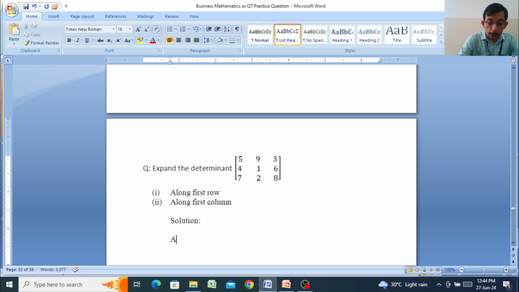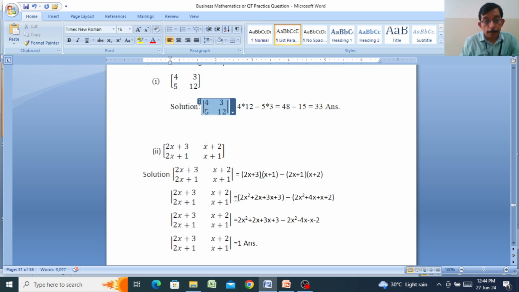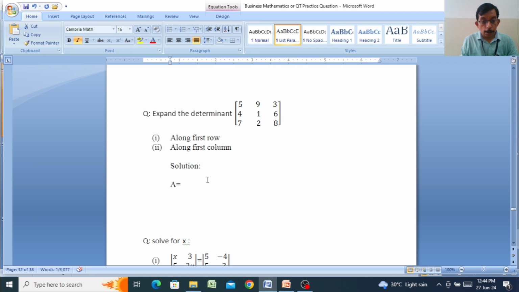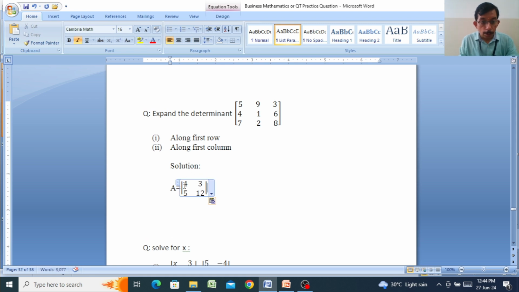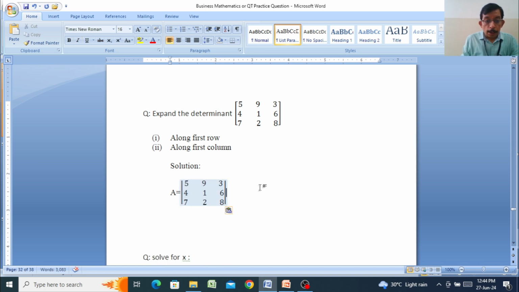First, let us assume A is equal to the value of the determinant. Note down the values of the matrix in the place of the determinant.